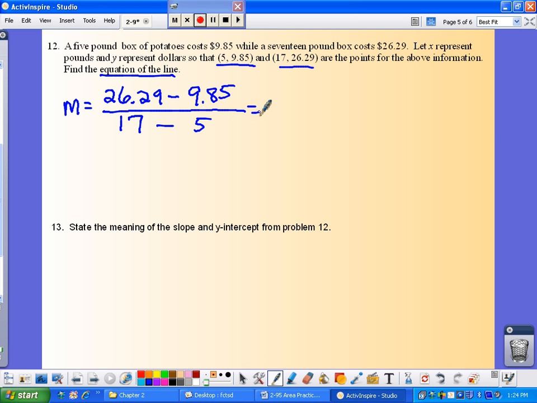There we go. Doing that subtraction, I got 16.44, and on the bottom I just get 12, and using my calculator, because that's ugly, I got 1.37.